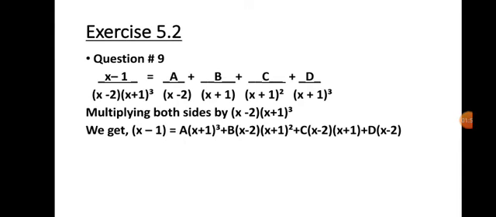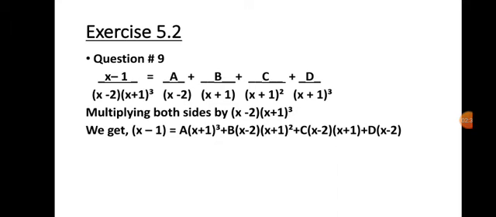When we multiply both sides by (x minus 2) into (x plus 1) whole cube, which is the denominator of the given rational fraction, we get x minus 1 on the left hand side and A into (x plus 1) whole cube plus B into (x minus 2) into (x plus 1) whole square plus C into (x minus 2) into (x plus 1) and D into (x minus 2).